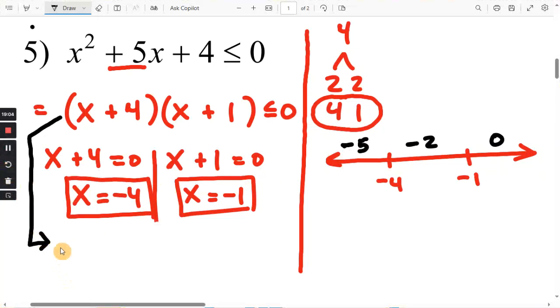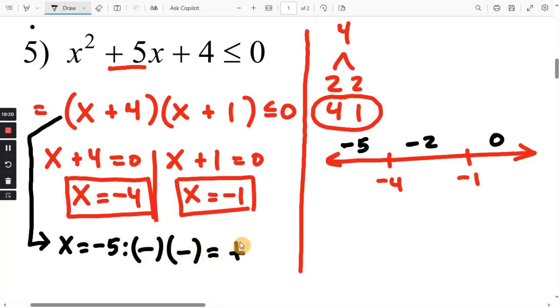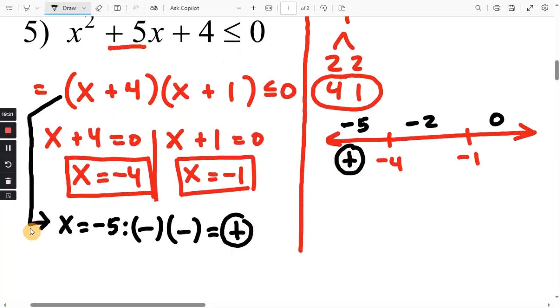All right, so x equals -5. -5 plus 4 is a negative. -5 plus 1 is a negative. Negative times negative is positive. That's this section right here. Next up, we'll try -2.